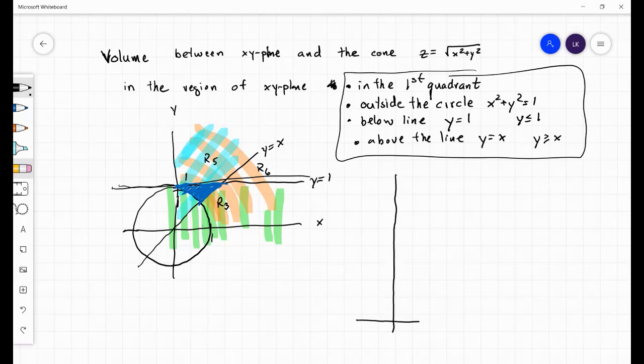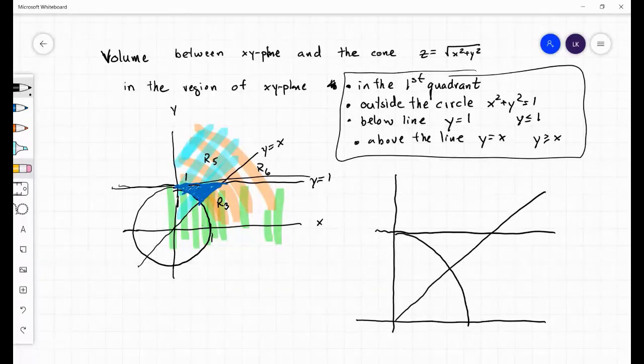Let's zoom in. So this is our domain of integration. Well, which variable is bounded by two curves, and which variable can be thought of as being bounded by two lines, two constants?